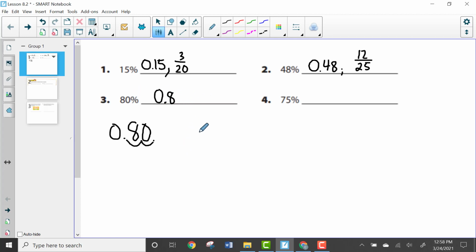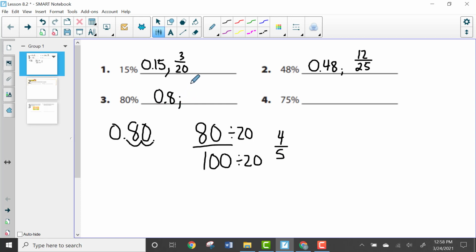And then 80% as a fraction, remember, it's 80 over 100. Think about the greatest common factor of 80 and 100. It's going to be 20. So I take both numerator and denominator, I divide that by 20, and that's going to give me 4/5. So 80% as a decimal is 8/10, and as a fraction, 4/5.